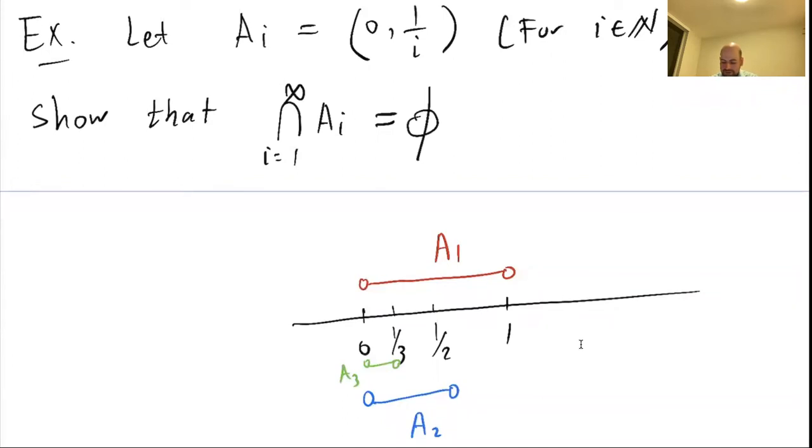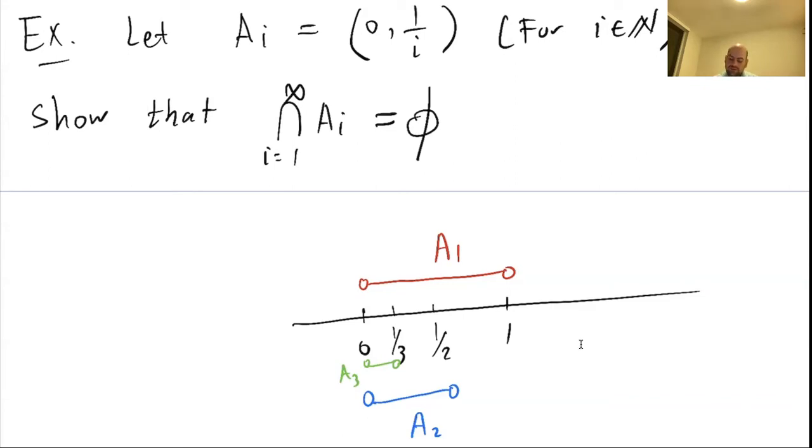So this contradiction proves that the intersection of Ai, i from 1 to infinity, is equal to the empty set.